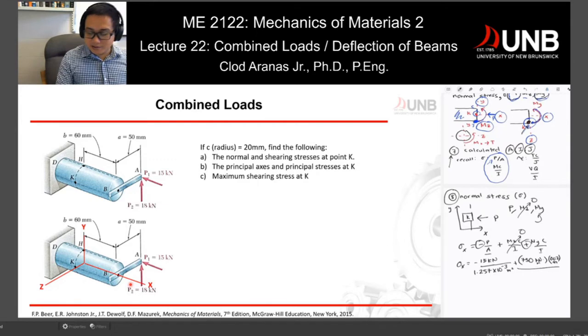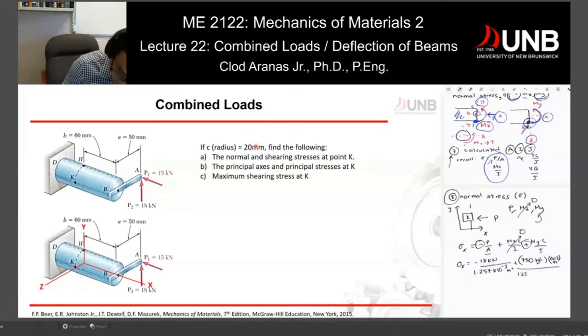That's the radius of your section. It's given right there, the radius is 20 millimeters, but we are converting everything into meters. So we have 125.7 times 10, I can't understand my handwriting, raised to 4, and that will give you a sigma X equal to negative 119 plus 119.3.